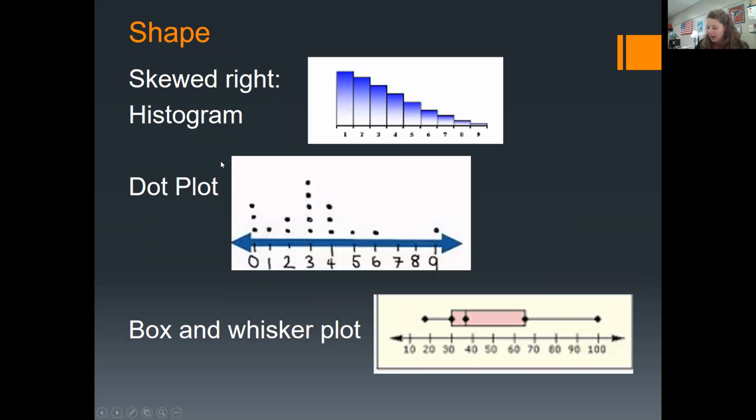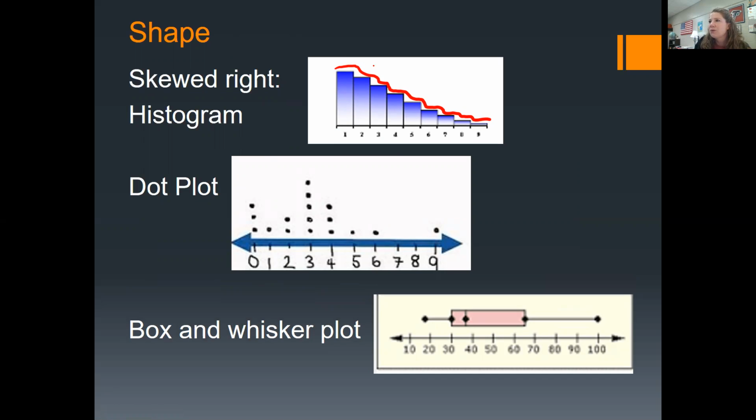If you think of the design of a graph and it's not symmetrical, it either is going to skew right or skew left.